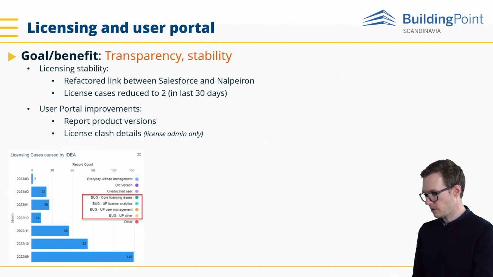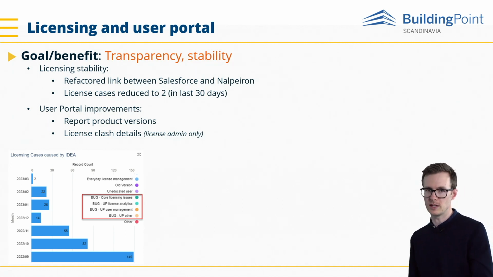And for the admins and the users who are interested in monitoring the usage of the licensing, we have done some under-the-hood improvements to make the licensing system more seamless. So hopefully this will make the system more stable, and the issues with licenses getting stuck will be handled better and more automatically.